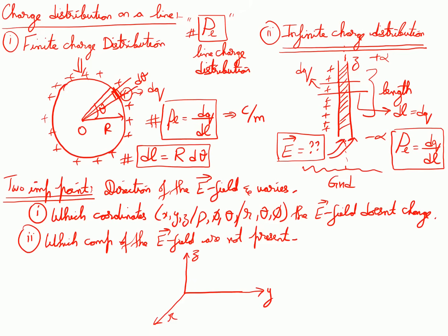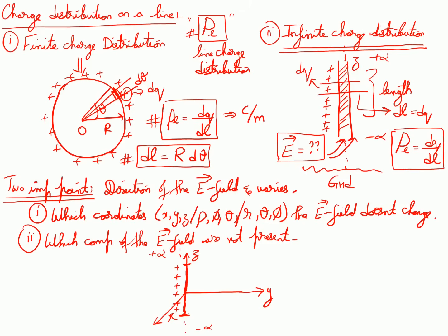Since our analysis is on an infinite line charge located along the z-axis, let us say this is the line that is filled with infinite charges, going from positive infinity to negative infinity. Let me populate this with uniformly distributed charges, going on like this to positive and negative infinity.